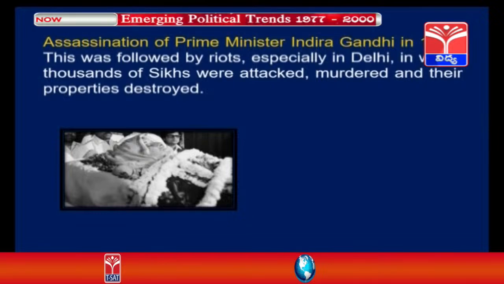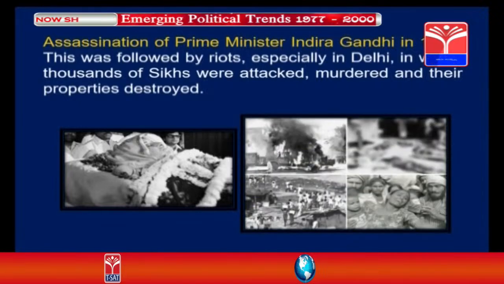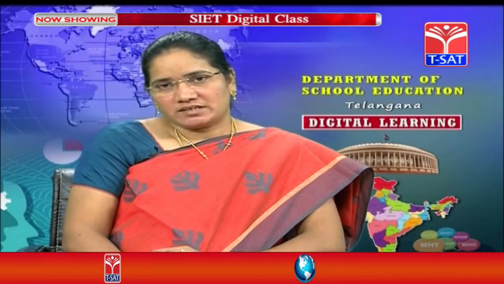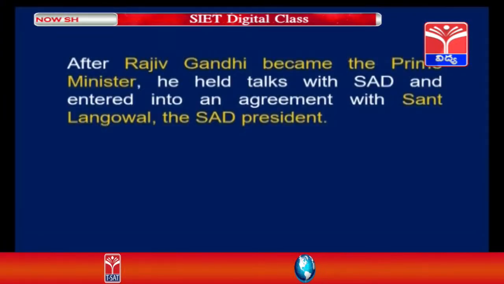All the raids, that means attacks on the Sikh people, especially in Delhi, where thousands of Sikhs were attacked and murdered and their properties were destroyed. So after Indira Gandhi's death, Rajiv Gandhi came to power, and as Prime Minister, Rajiv Gandhi held talks with SAD and entered an agreement with Sant Longowal, the SAD president.